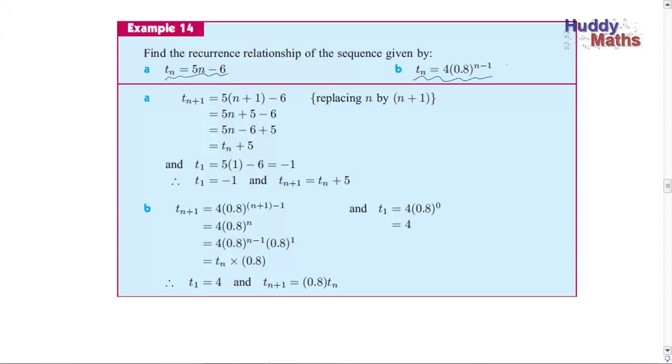So one way of doing it is to say, well, I want to find Tn plus 1, so put in here n plus 1.